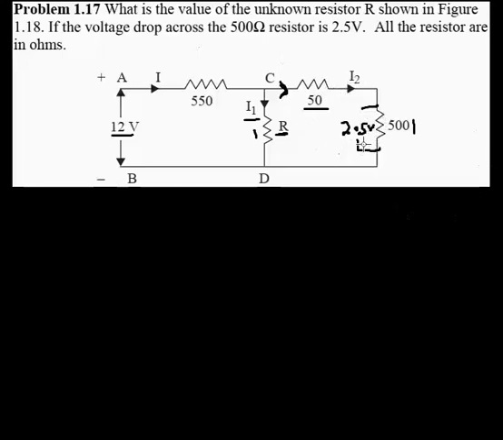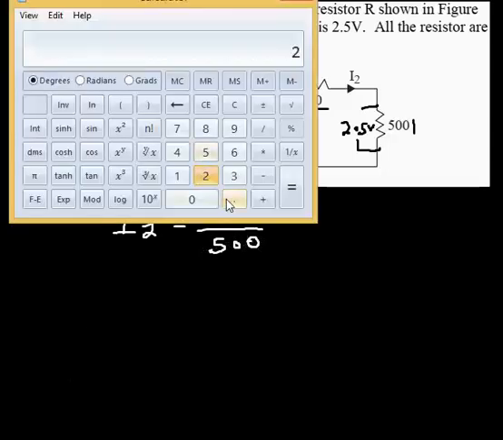Remember, that same current I2 is across the 500 ohms, and the voltage across the 500 ohms is 2.5 volts. So according to Ohm's law, I2 is equal to voltage over resistance, which is 2.5 divided by 500.